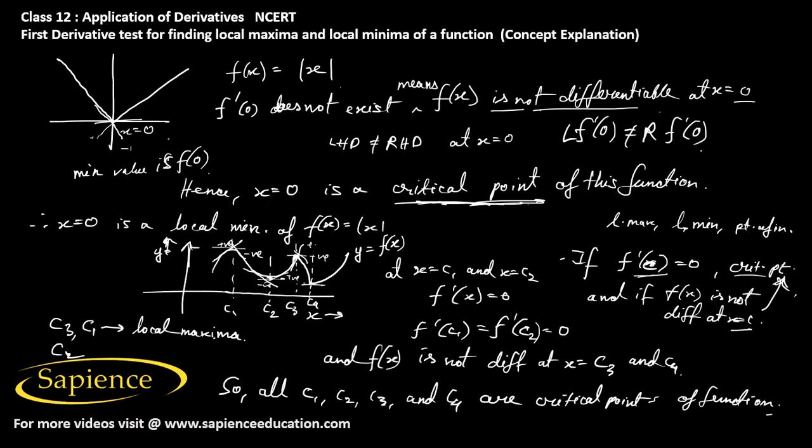Similarly about C4, when x increases through C4, f dash x is also changing sign from negative to positive. So C2 and C4 are points of local minima, and C1 and C3 are local maxima.